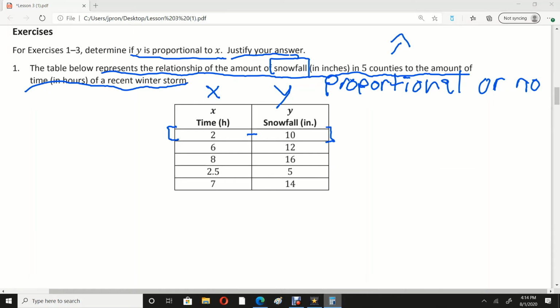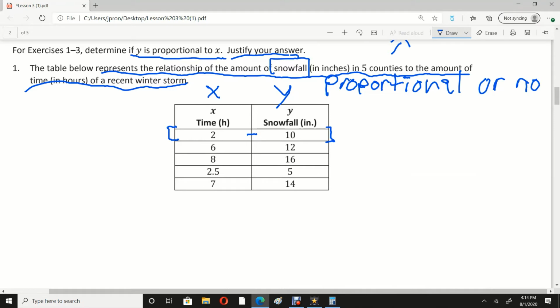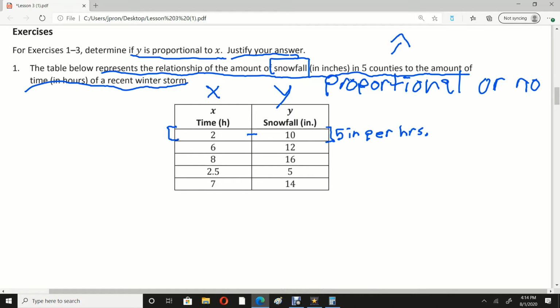Well, we could just divide, right? We can divide 10 inches, total inches in 2 hours, by 2, and that would mean our unit rate for this set would be 5 inches per hour, right? And I think it would help to write this out over here, a little bit of shorthand. So 5 inches per hour.